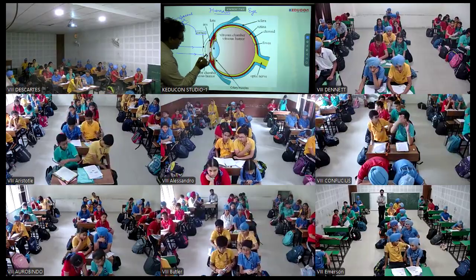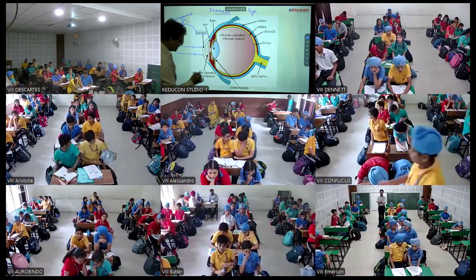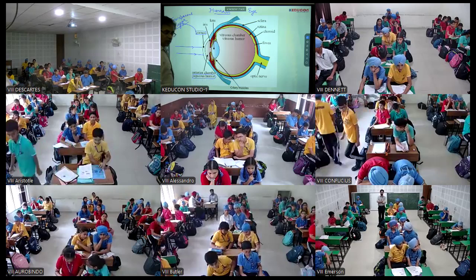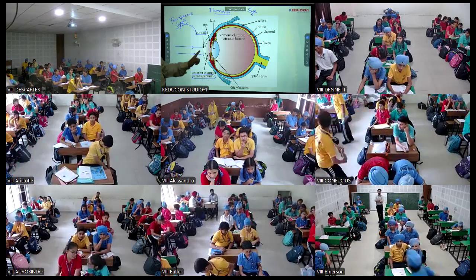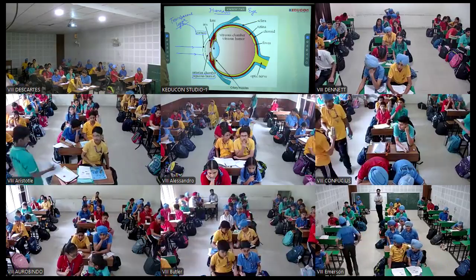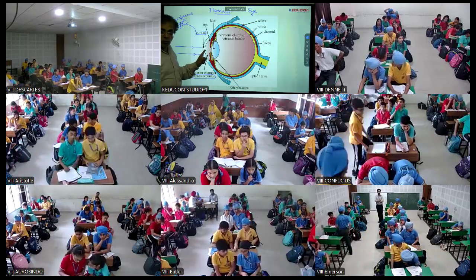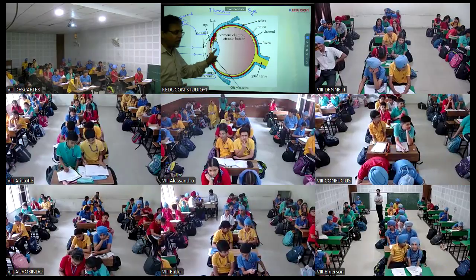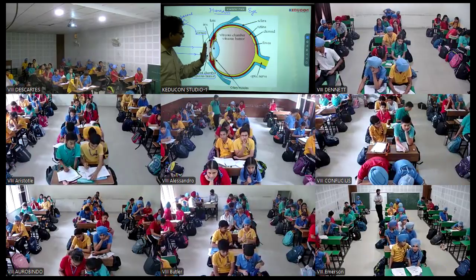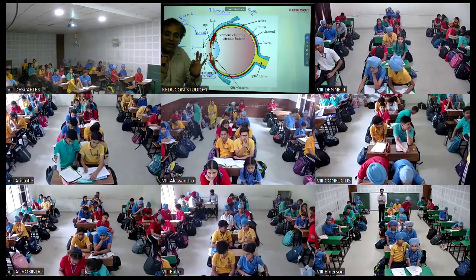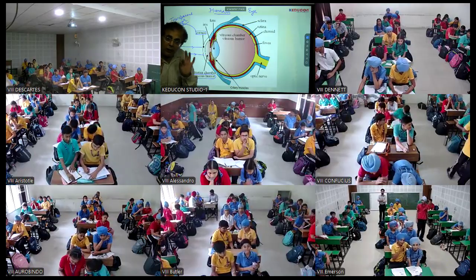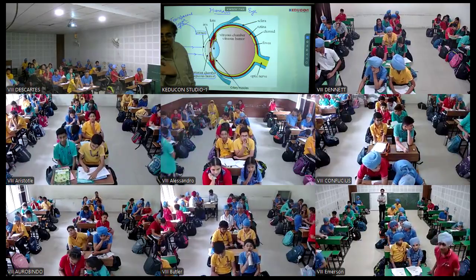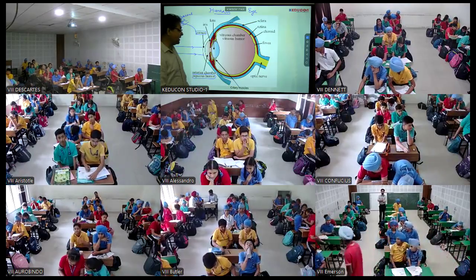Inside the cornea, there is a transparent liquid called aqueous humor. This aqueous humor never lets our eye lens get dry. It keeps the eye lens wet and moist, and a wet and moist lens is a must for its movement here and there.